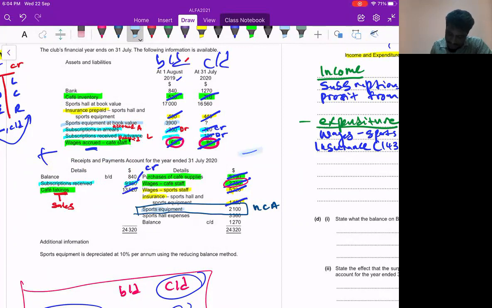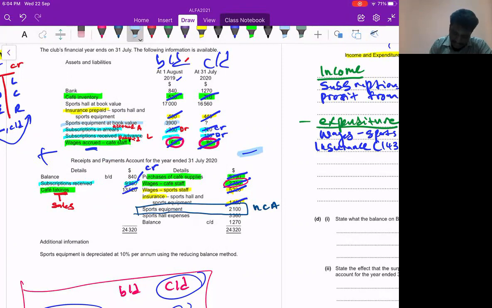This is the payment, 2,100. It's a credit side, which means you pay. If you pay, will your sports equipment be increased or decreased? You buy or you sell? It's on the payment side, so you buy.